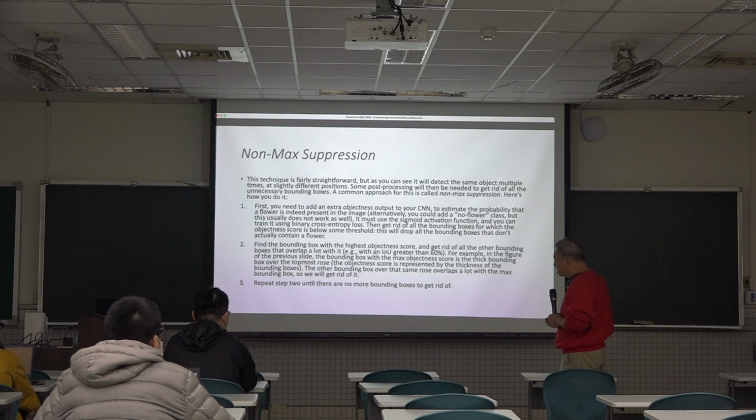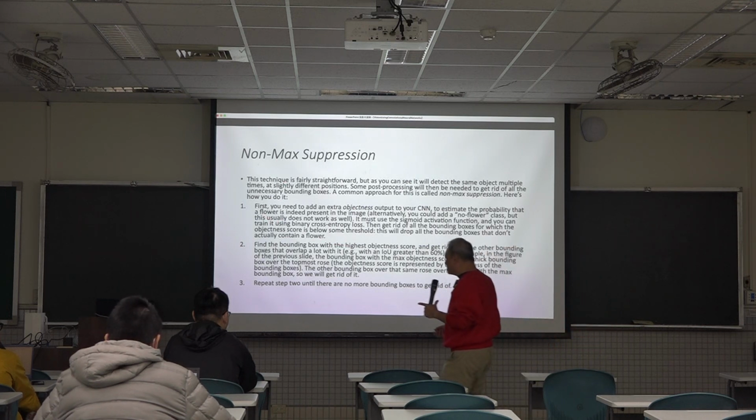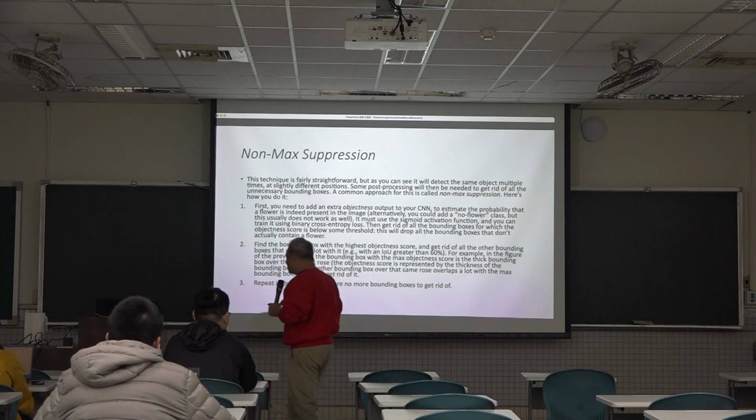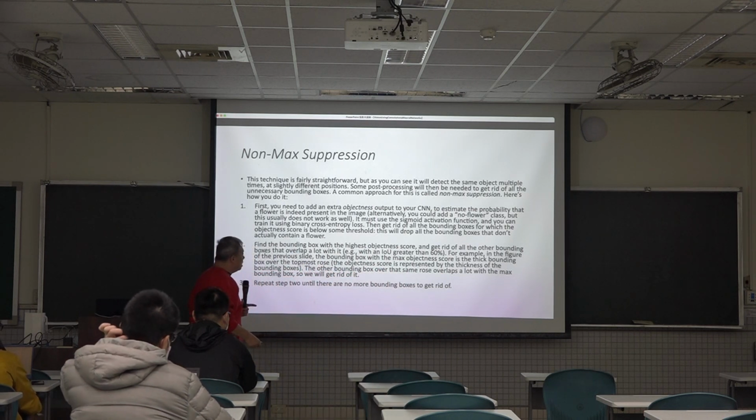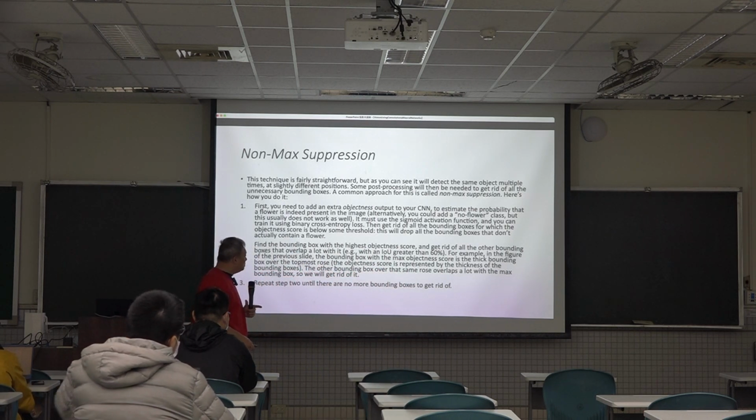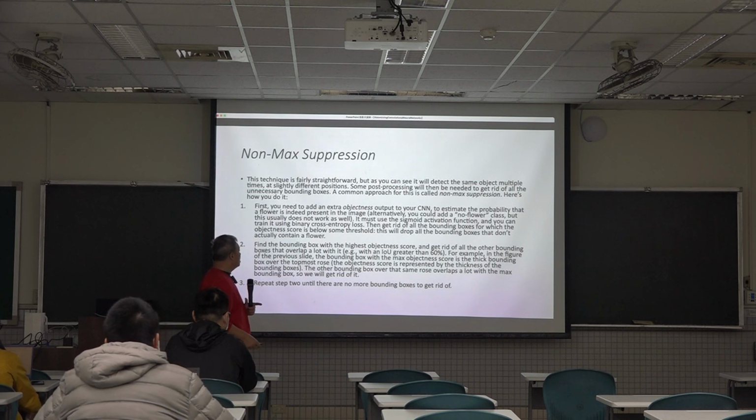So first we do that: we drop the bounding boxes with a low objectness value. That's the first step. The second step is to find the bounding box with the highest objectness score and get rid of all the other bounding boxes that overlap a lot with it.